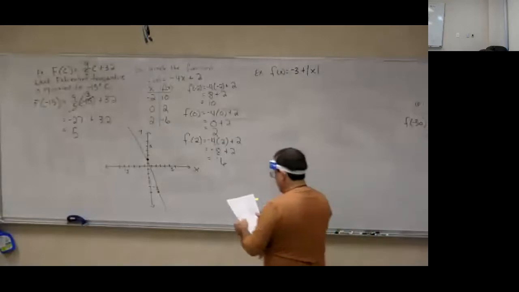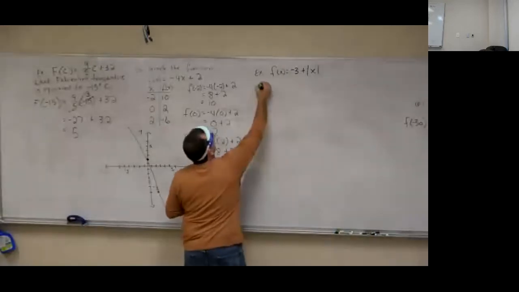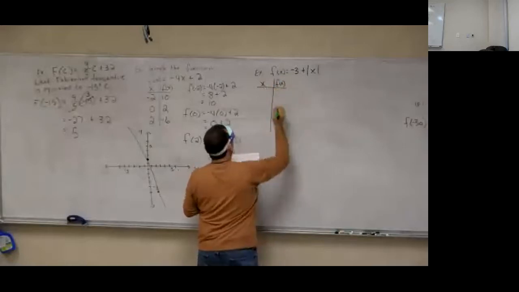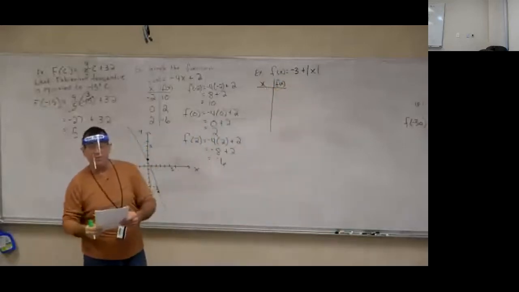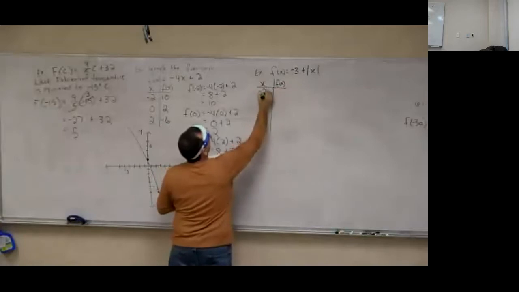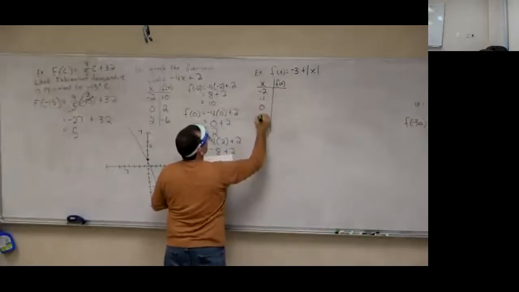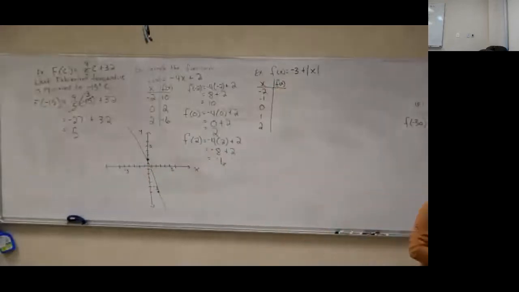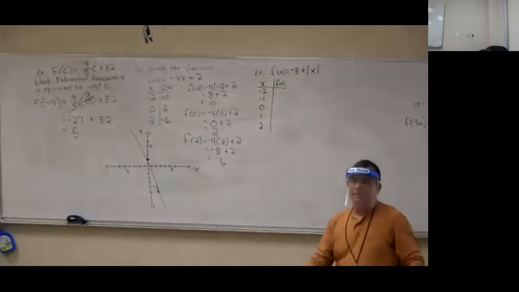And let me see what numbers they want. Ooh, 5 numbers on this one: negative 2, negative 1, 0, 1, and 2. And really the reason they're doing 5 on this one is so y'all can see what we call the symmetry to it.